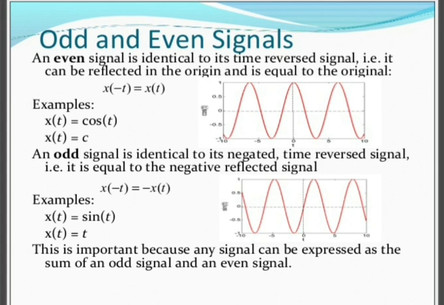In the notation x of t, the x represents the shape or the amplitude of the signal and t represents the time. Minus x denotes the amplitude is reversed and minus t denotes the time is reversed. The only difference is that in place of t, for a discrete time signal, n is used.